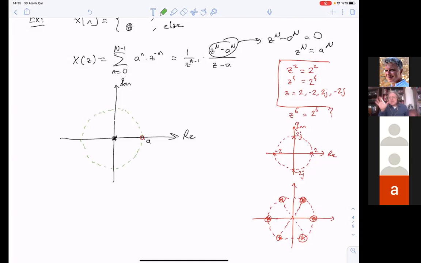And let's say, for example, we must give some numerical value to this capital N. Let's say capital N is equal to 8.